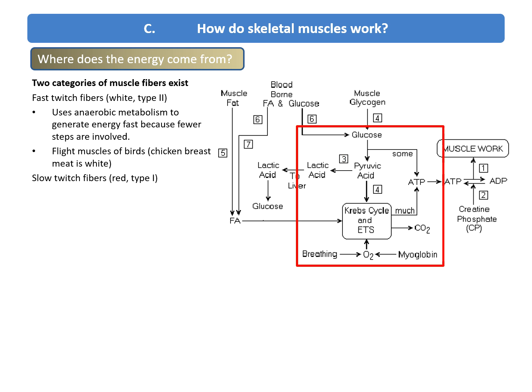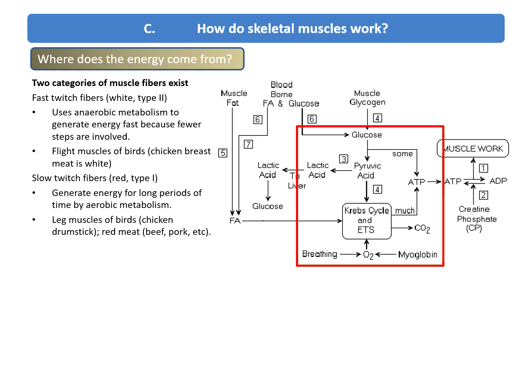The other type of fibers are the slow twitch fibers, red or type 1. These generate energy for long periods of time by aerobic metabolism. Leg muscles of birds, the chicken drumstick, for example, and the red meat that we eat, beef and pork and so forth, are red in color because of the presence of the myoglobin.